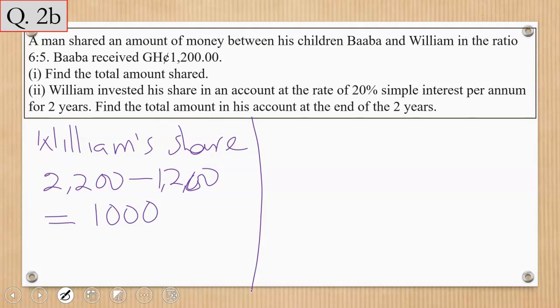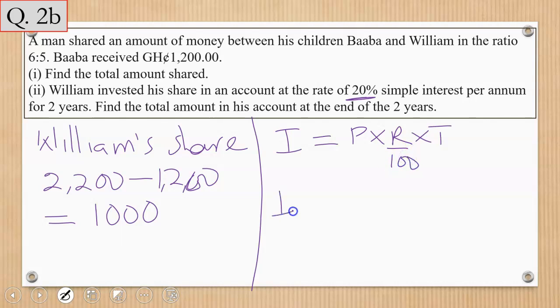He had an investment which is going to pay him 20% simple interest per annum. Now, for us to know the simple interest, or the interest that he will accumulate after keeping the money there for 2 years, we know simple interest is calculated as principal times rate times time. Remember that the rate always comes in percentage, so you divide by 100.